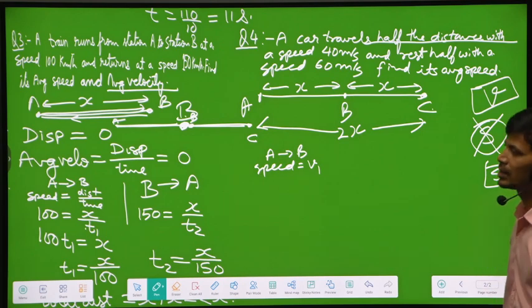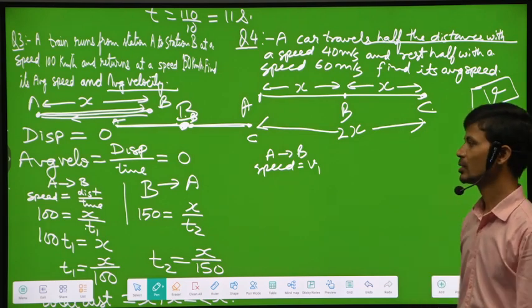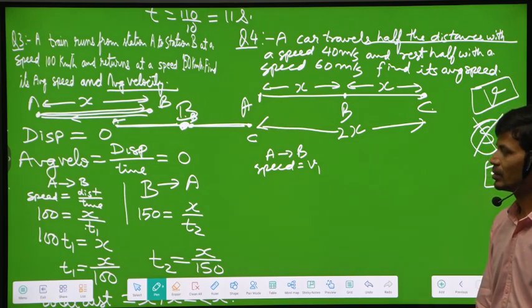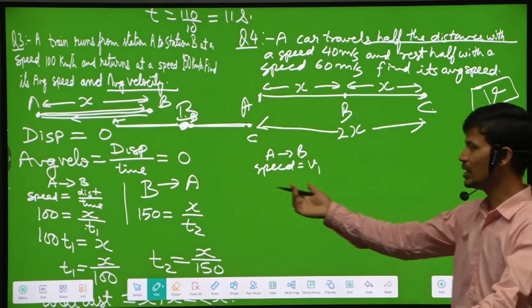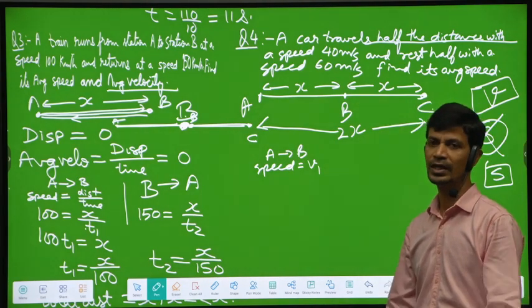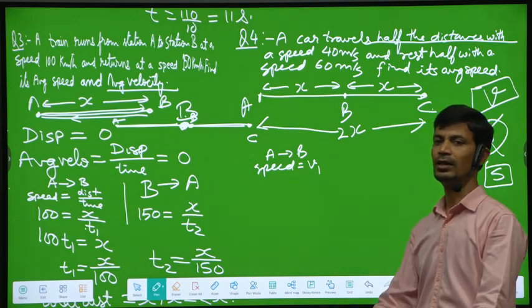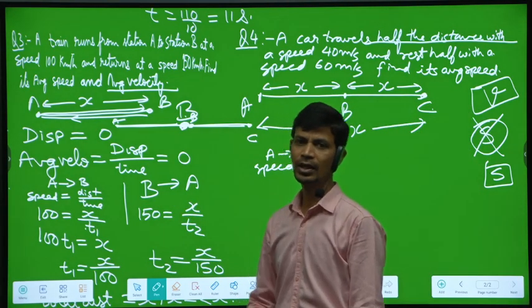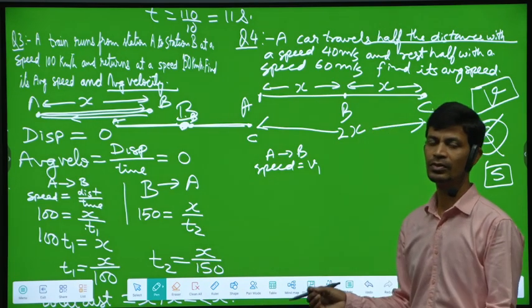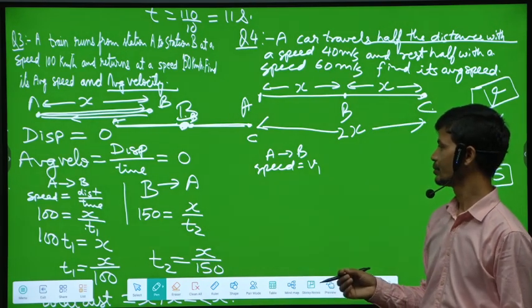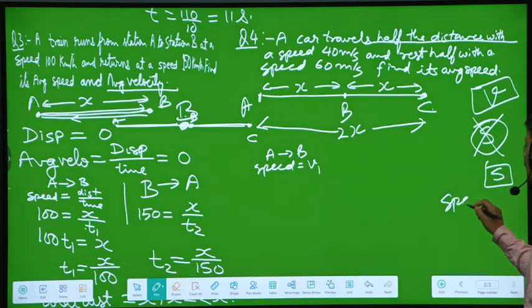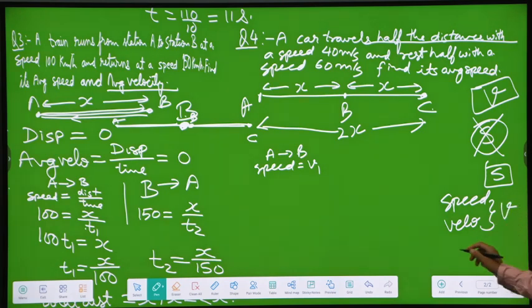I haven't spoken about it in my previous videos because I was using the terms speed and distance, writing everything in word form. But if we want to replace these words with symbols, then remember, the symbol for speed and velocity is V, and the symbol for distance and displacement is S.